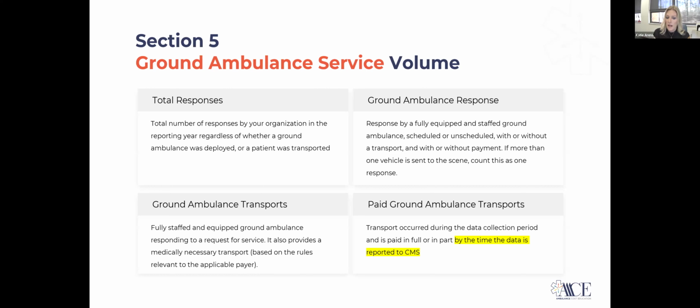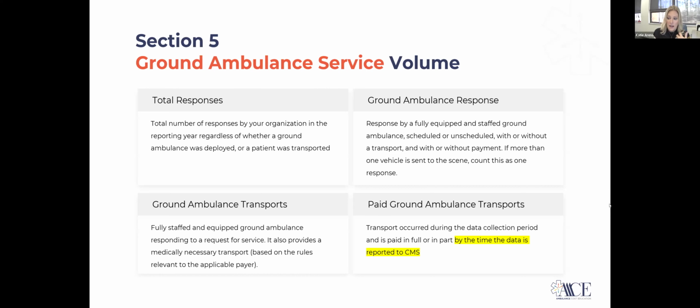Then from the response, they want to know how many actually resulted in a ground ambulance transport. So you might have had 2 responses. One was a ground ambulance response, and then you had 1 ground ambulance transport. Then from there, it's how many of those were paid by the time the data is reported to CMS.